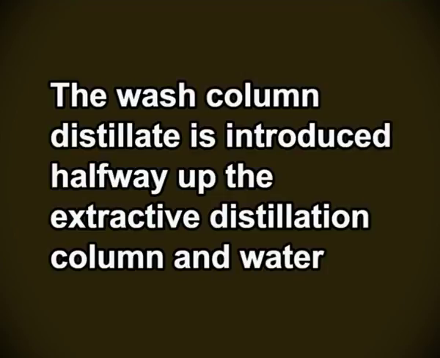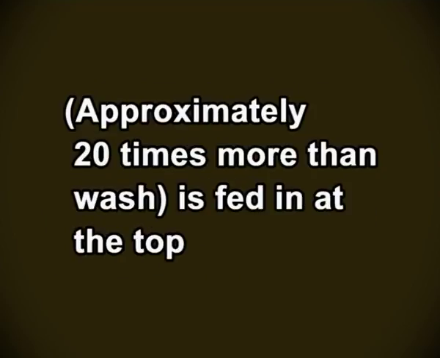The wash column distillate is introduced halfway up the extractive distillation column and water, approximately 20 times more than wash, is fed in at the top. The procedure impacts the volatilization of components of the wash and encourages the removal of volatiles.